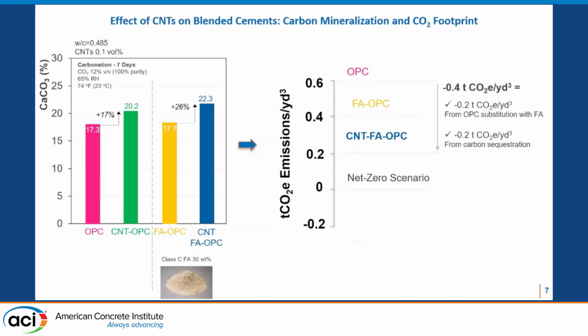Now, if you compare the carbonation of an OPC system with an OPC plus fly ash here, you will notice that we do not see that much difference. 17% here, 17% there. So fly ash does not alter our system. We did not have the results that we were hoping for.